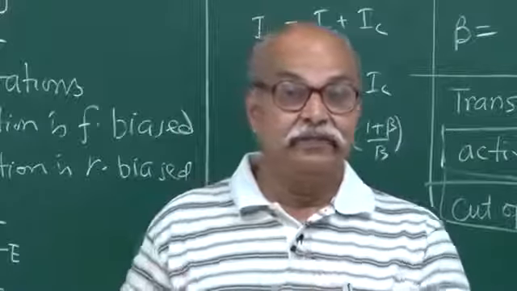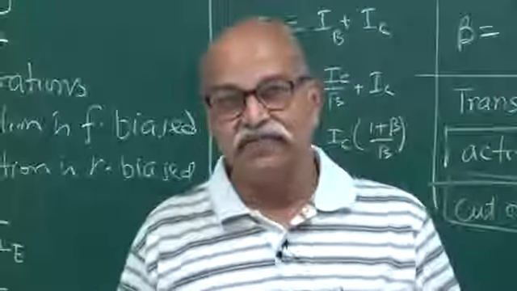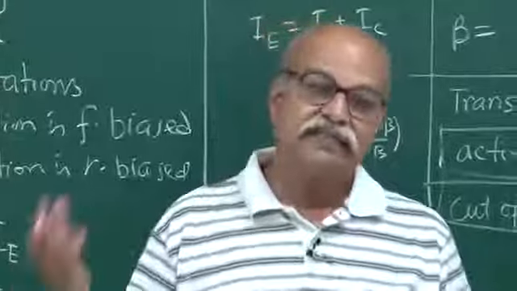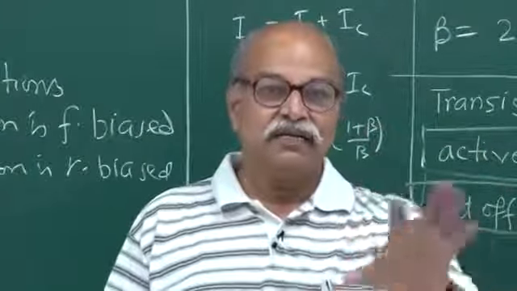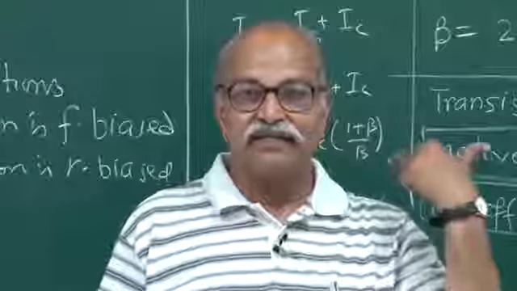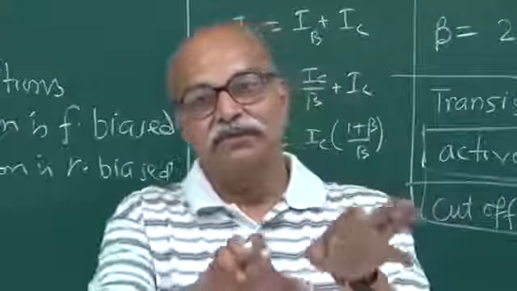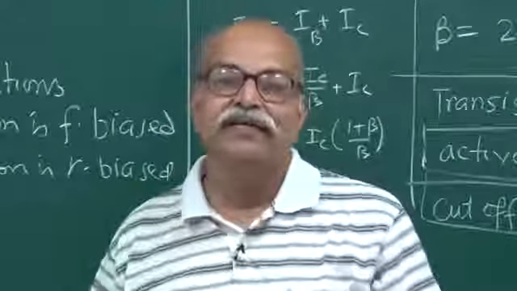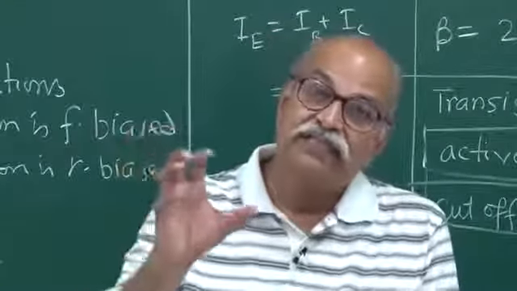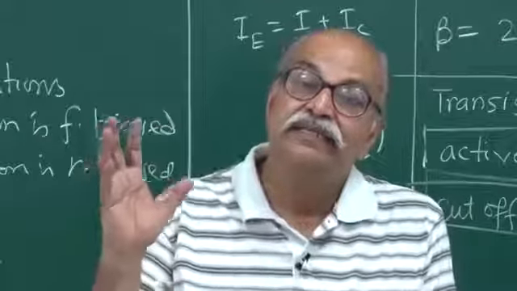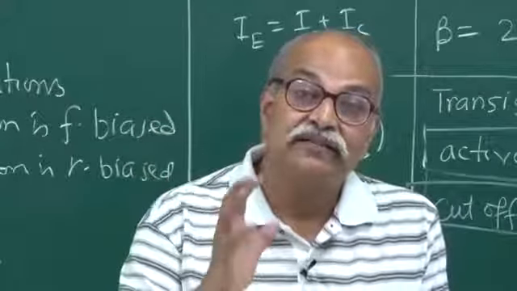If you apply some, say, 5 volts, 10 volts, 8 volts at this collector base junction, good. Whatever electrons are coming, correspondingly that alpha factor is there, so alpha times those are drawn into the collector. But what if the biasing of this collector base junction is very small, is weakened?